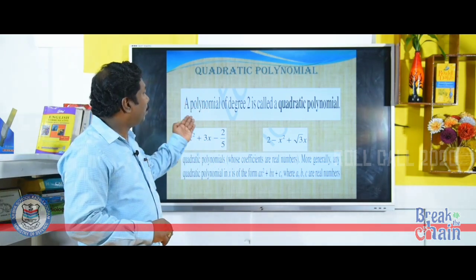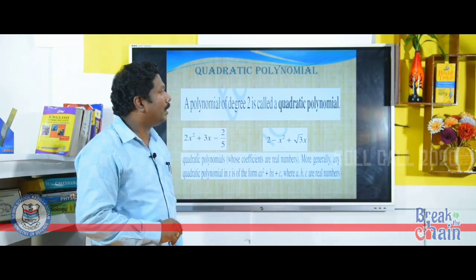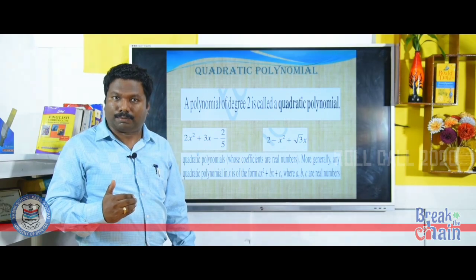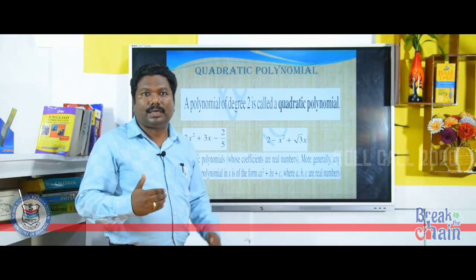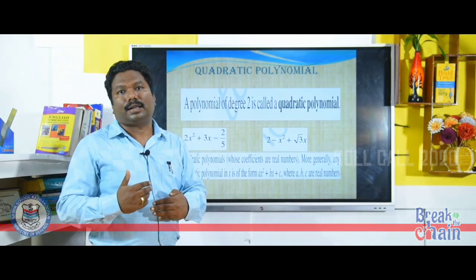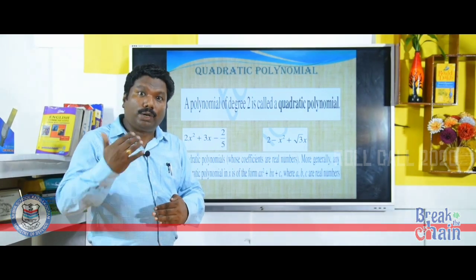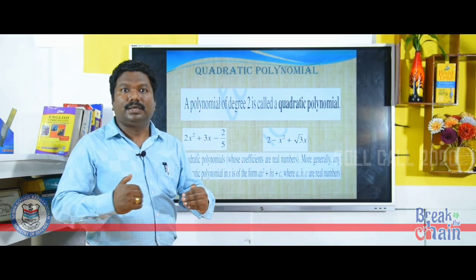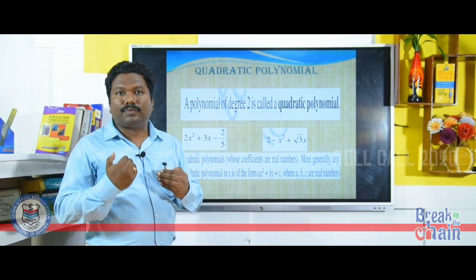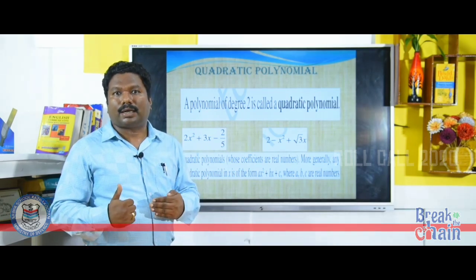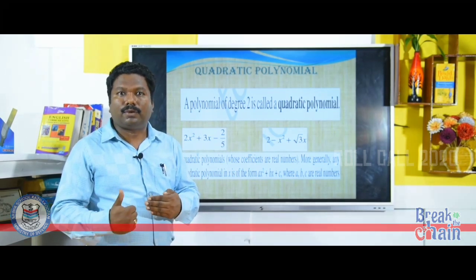A polynomial of degree 2 is called a quadratic polynomial. Earlier we discussed that a polynomial of degree 1 is called a linear polynomial. According to its degree, its name changes.